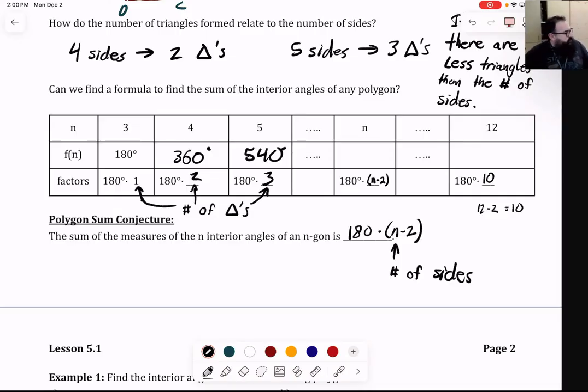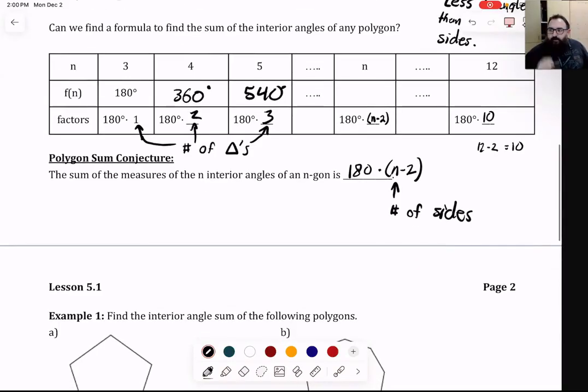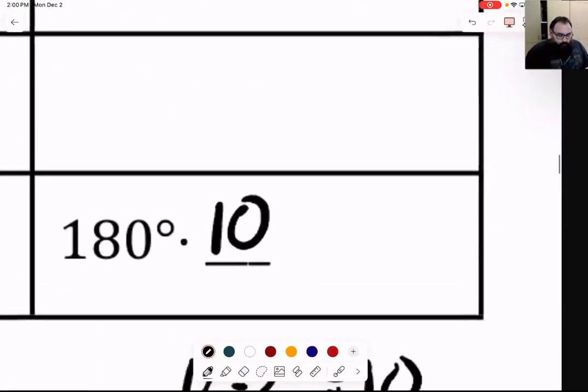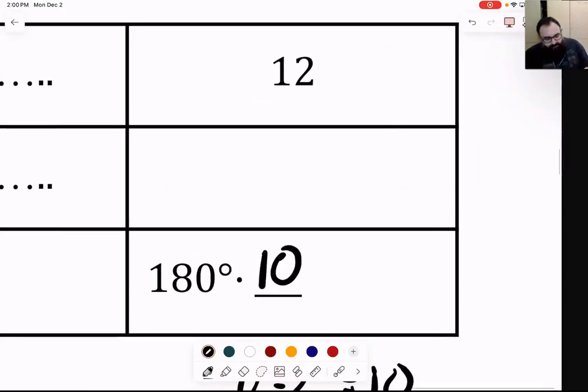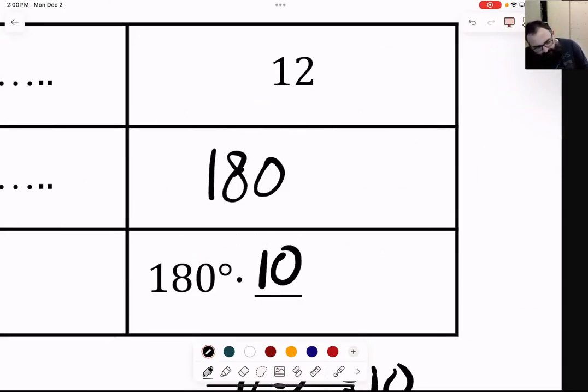Okay, any questions? Hopefully this seems pretty straightforward so far. Okay, let's move on. Oh, wait. Do we know what the number is here? 1,800? Yeah, 1,800.